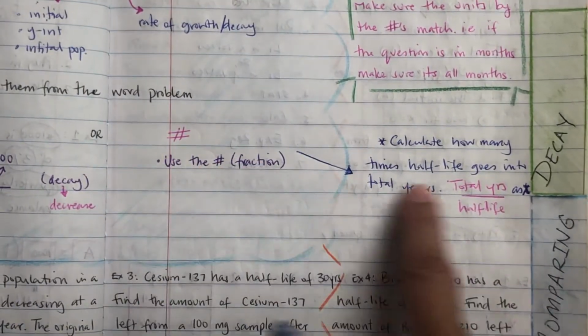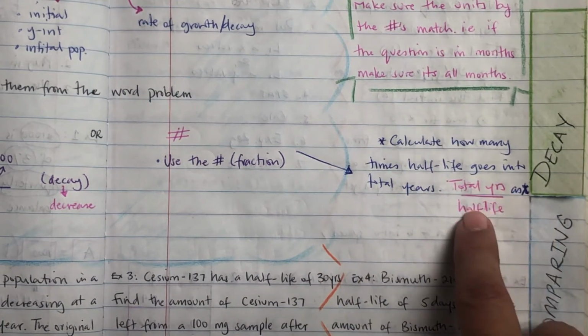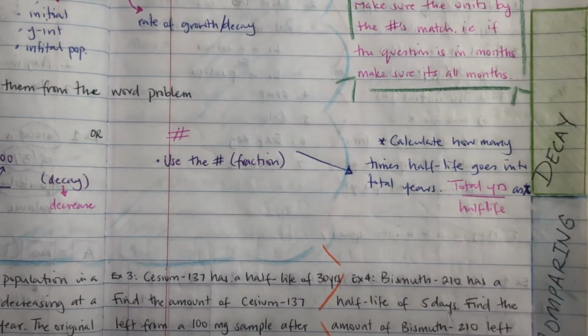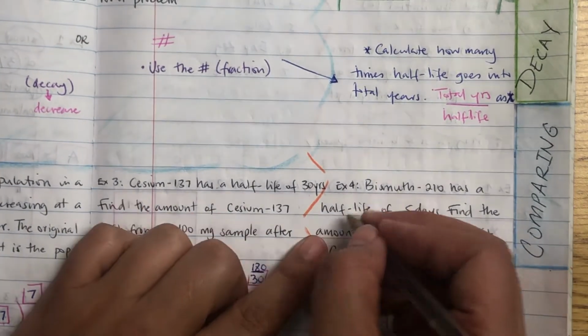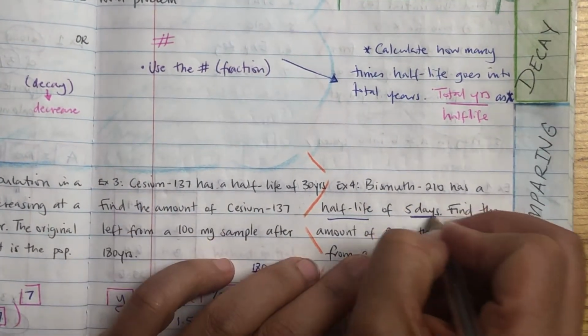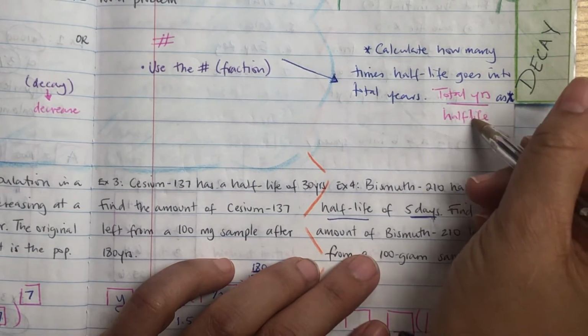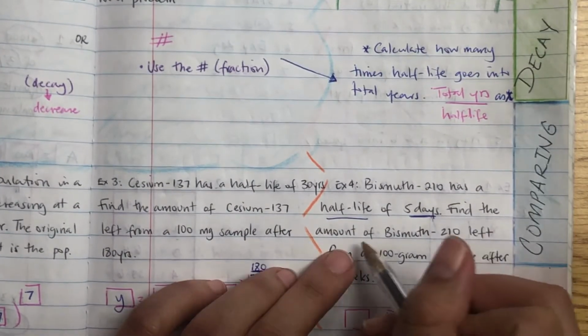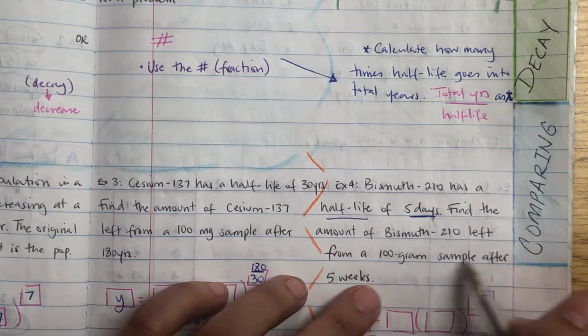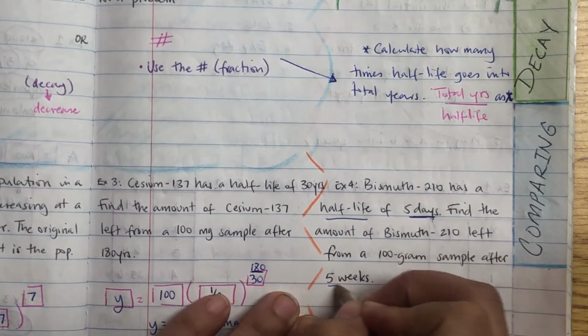So when you see half-life, remember to find my X: total years divided by half-life. All right, so this chemical has a half-life of 5 days. So half-life, 5 days. Okay, so total over half-life. So I need to find the total. Find the amount of blah, blah, blah left from blah, blah, blah after 5 weeks. Okay, so this is my total.